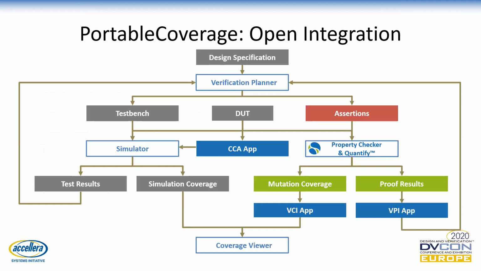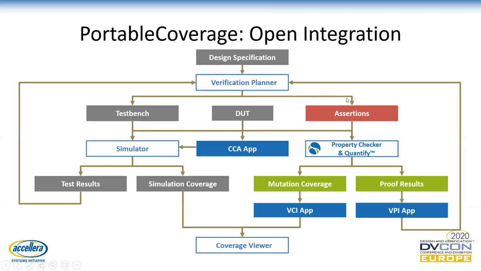So again, everything starts from the design specification and ends up in some verification plan, tool, or spreadsheet. It doesn't really make a difference. And we have a DUT, which is common for both technologies. So this verification plan incorporates the formal and the simulation part.